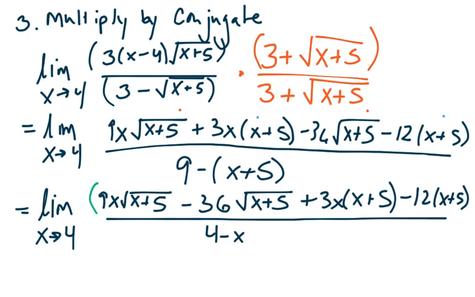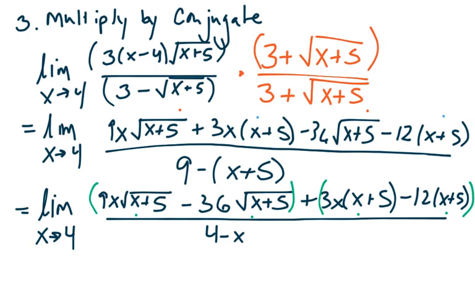If I group the first two terms of the numerator and the last two terms of the numerator, I have a greatest common factor of 9 root x plus 5 that I can pull out of both terms from the first grouping. And then I have a common factor of 3 times x plus 5 that I can factor out of both terms from the second grouping.